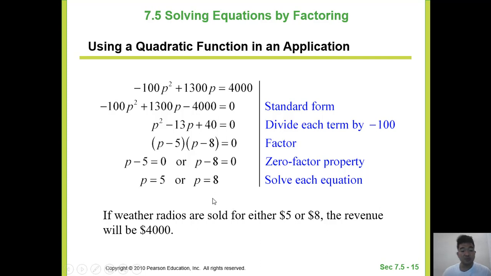That is why we can conclude that if weather radios are sold for either $5 or $8, the revenue will be 4,000. Since this problem is a quadratic equation, we have two options here, and these two solutions are both acceptable.